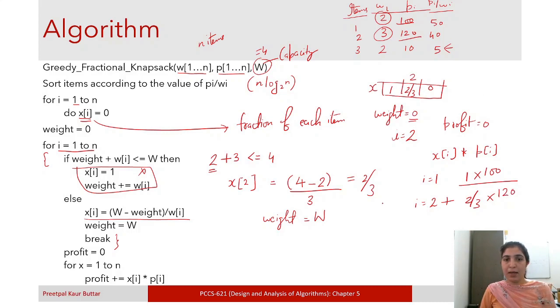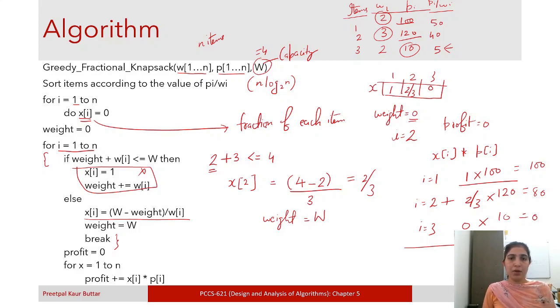Then i becomes 3, so x3 is 0, we are not picking the last item, multiplied by p3, that is 10. So this is the total profit which we will get. It is 100, and it is 80 I think, and it is 0, so total profit which we are getting is 180.